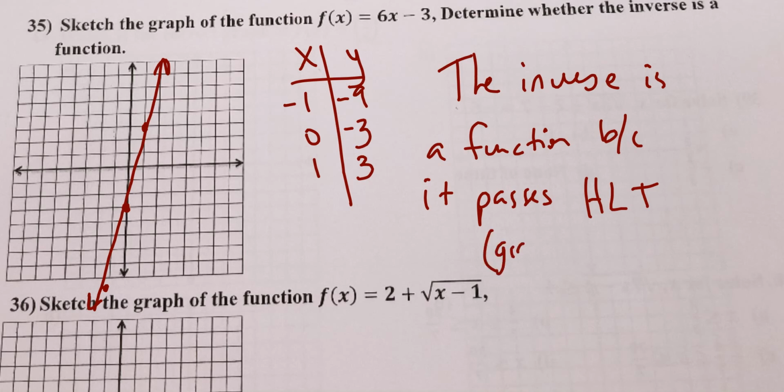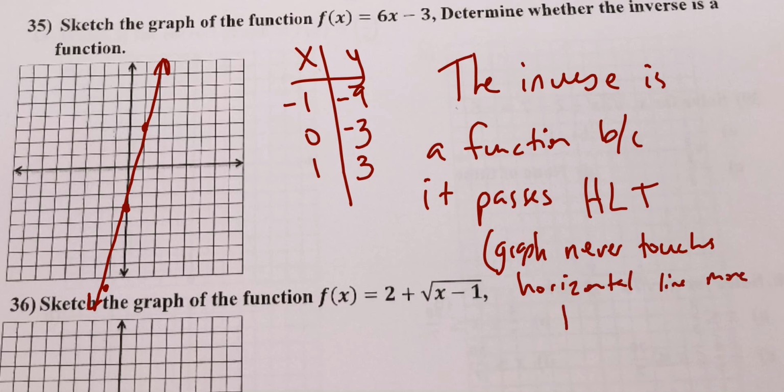So the graph never touches a horizontal line more than once. That's how you know. That's what the horizontal line test is, and it passes it.